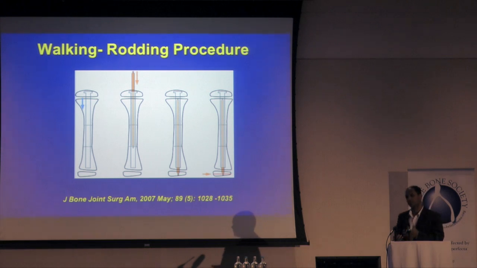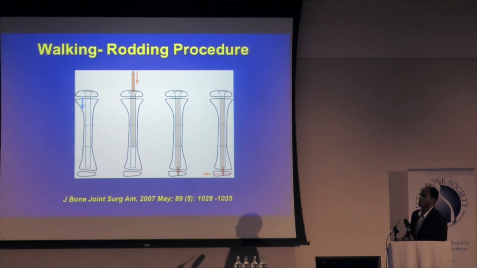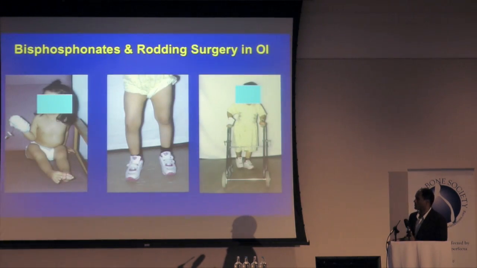If there are significant deformities of the bones, rodding procedures could be performed to help them in mobilizing. And this is one of our patients who had significant deformities of the limb. A rodding procedure was performed to straighten the bones and the limbs, and there is an improvement in mobility after the rodding procedure and with bisphosphonate therapy, a combination of that.